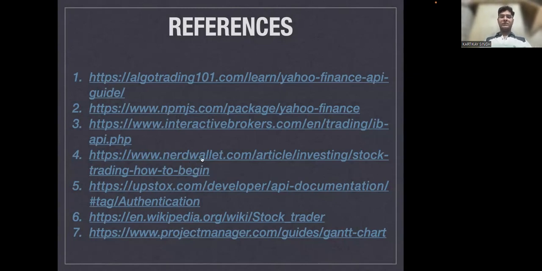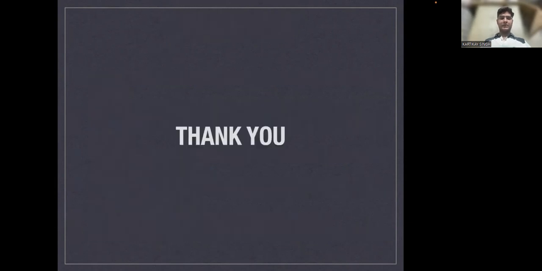This is the page where I learned what trading is and how trading is done. Then there is the Upstox API for investment in India. This is the Wikipedia page that I also used for the stocks to know more about stock trading. And then at last, I learned about the Gantt chart from this website. Thank you.